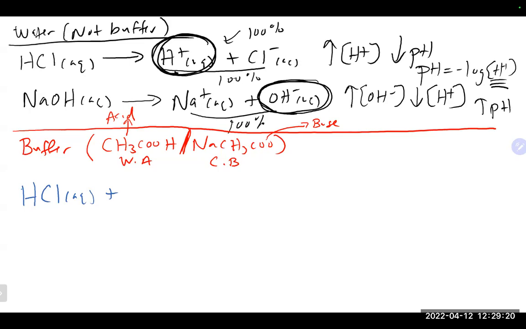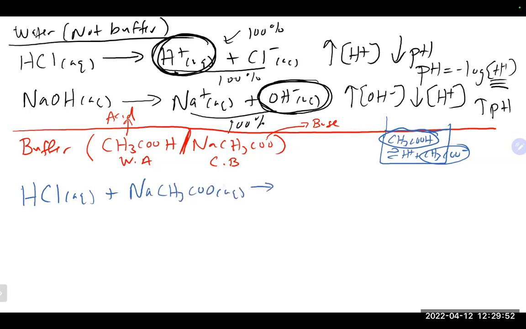So when we add the hydrochloric acid to this buffer, in this situation, within the beaker, everybody is in there together. This guy is setting up that equilibrium. You got a little bit of H plus, but you have basically your acetate and your acetic acid floating around in the solution to begin with. So it will react with the base part of the buffer, and we're going to get really a double displacement action happening here.